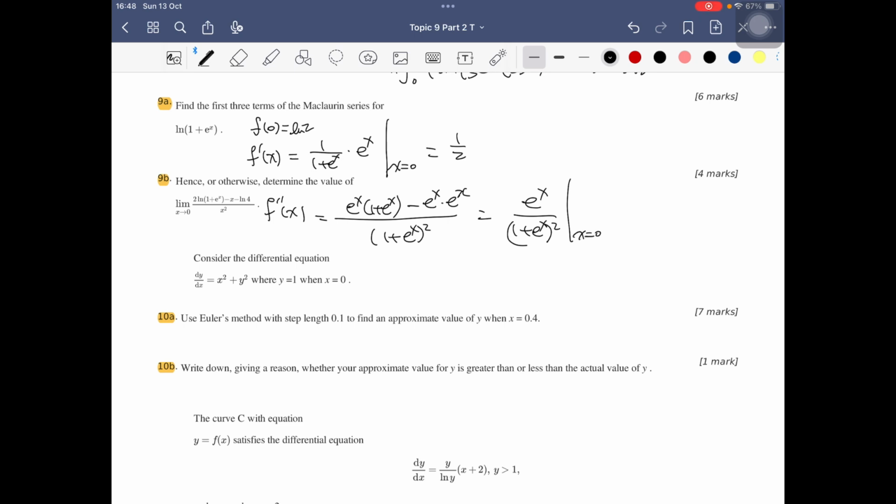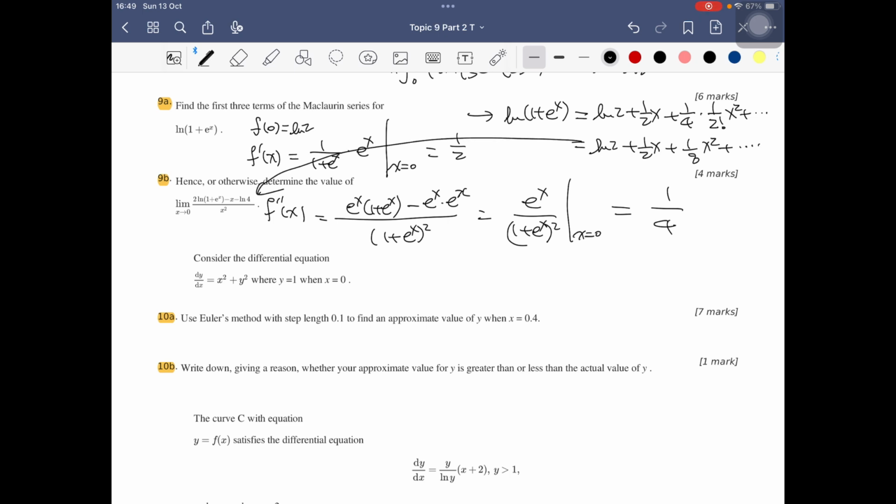When x equals 0, that is 1 over 4. So the first three terms of ln(1 plus e to the power of x) are ln 2 plus 1 over 2 x plus 1 over 4 times 1 over 2 factorial x squared, so ln 2 plus 1 over 2 x plus 1 over 8 x squared plus and so on.